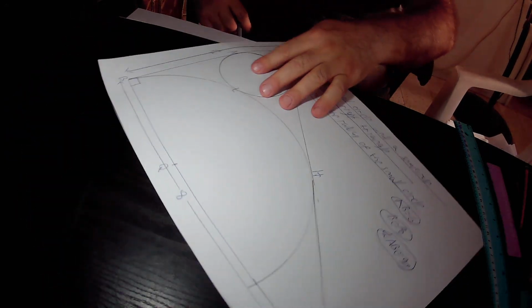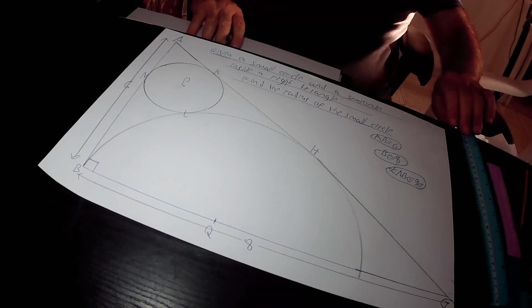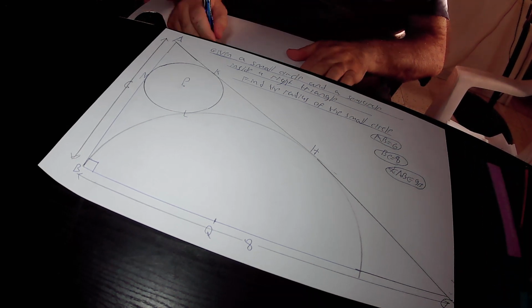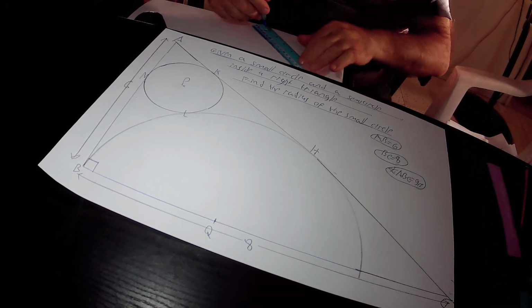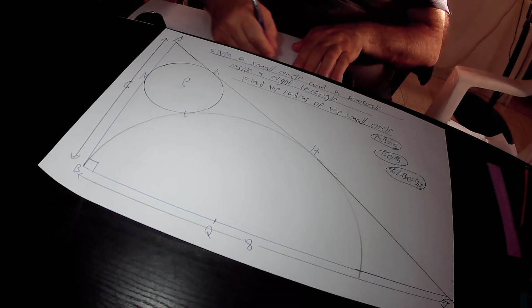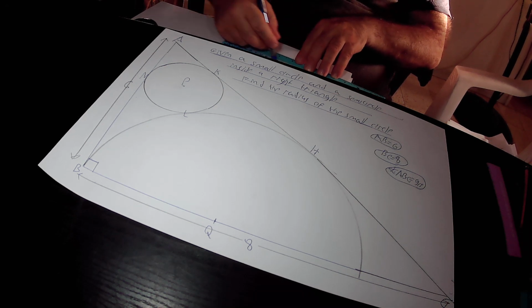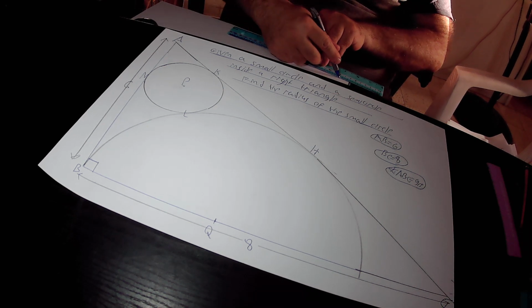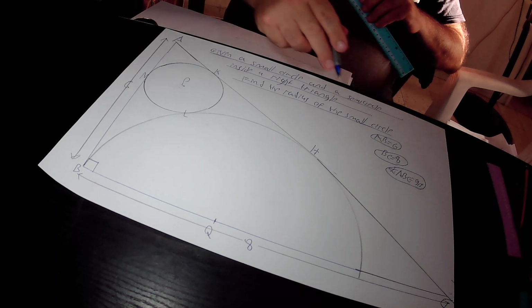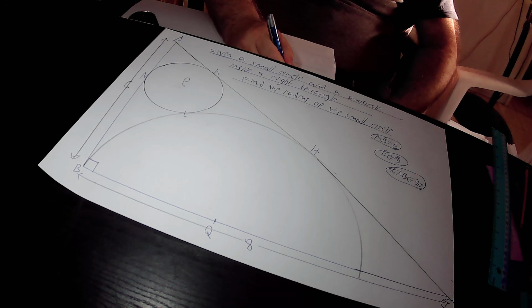Here we can implement the Pythagoras theorem on the big right triangle, triangle ABC. According to the Pythagoras theorem, in any right triangle, the square of the hypotenuse equals the sum of the squares of the perpendicular sides. The hypotenuse in the right triangle ABC is AC, and therefore the square of the hypotenuse is AC squared.